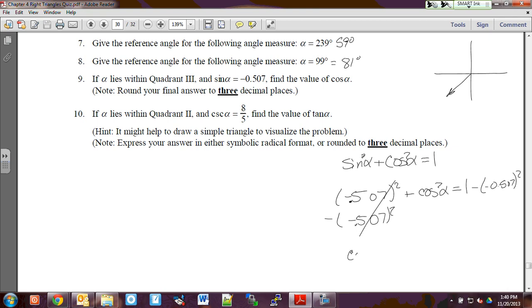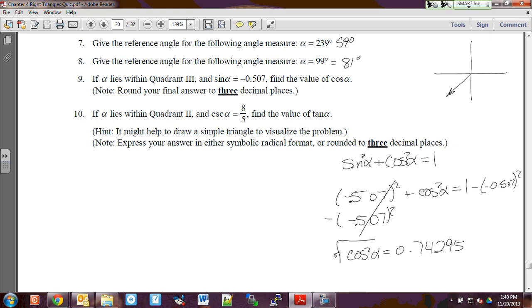So the cosine squared of alpha equals, let's type all this in, 1 minus negative 0.507 squared. So the cosine squared of alpha equals 0.74295.